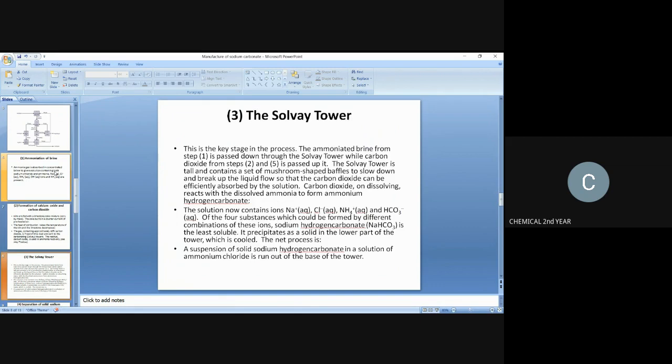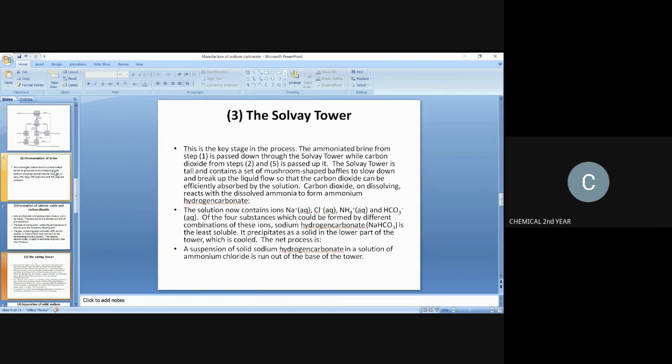Next is the solvay tower. This is the key stage of this process. The ammoniated brine from step 1 is passed down through the tower, while carbon dioxide from step 2 and step 5 is passed up through it. The solvay tower is tall and contains a set of mushroom-shaped baffles to slow down and break up the liquid flow so that the CO2 can be efficiently absorbed by the solution.